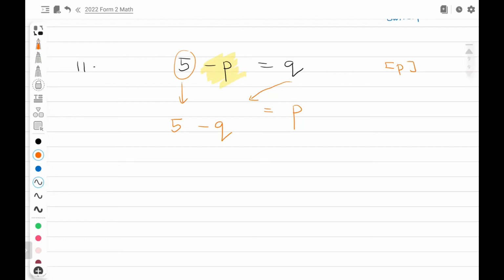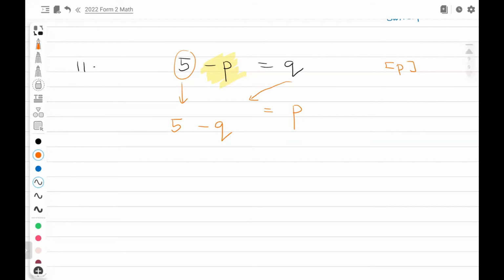Okay, so this is how you can play the trick. If it's negative P, this is the only situation whereby we can change the position of the subject and move it to the back. Other than that, if the subject is not carrying a negative, do not switch the position, else you will have problems later.